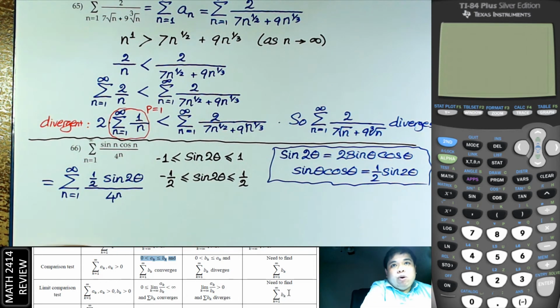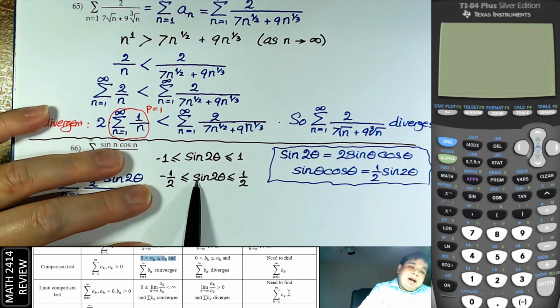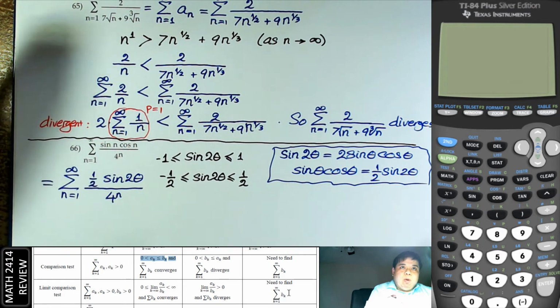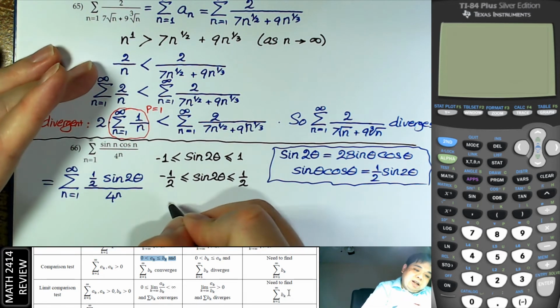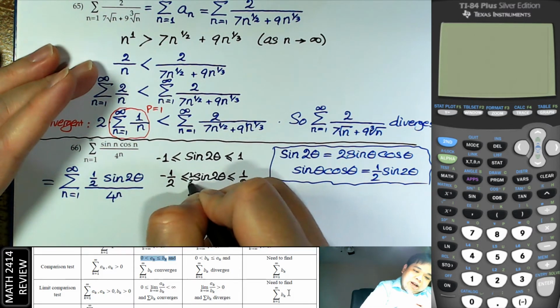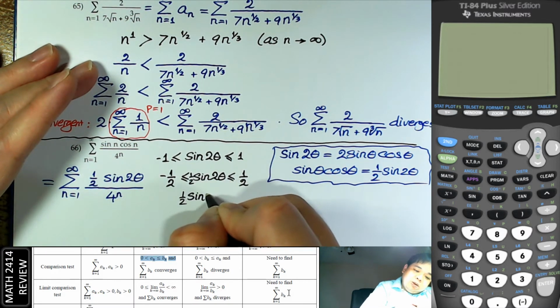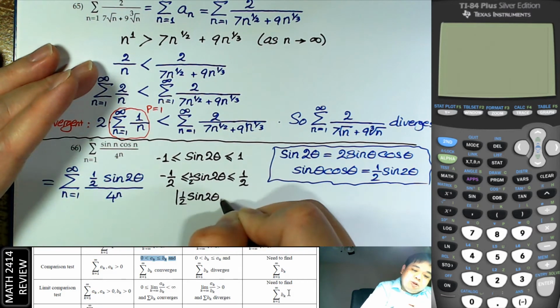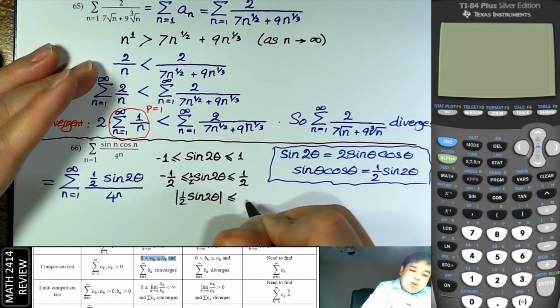Right, now we want them to be positive. To make them positive, it will be as follows. If sine of 2 theta is between -1/2 and 1/2, we can say the absolute value of, I forgot the 1/2 here, 1/2 sine 2 theta with absolute values is going to be less than or equal to 1/2, right?